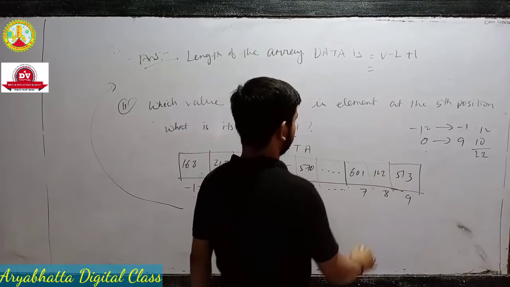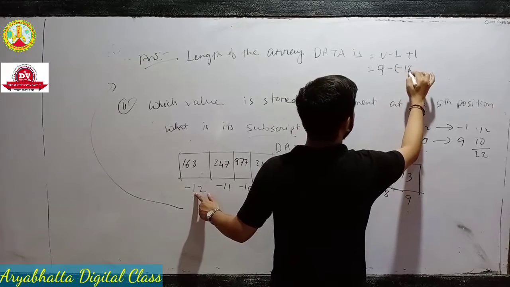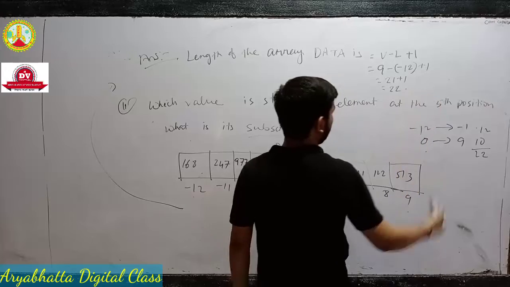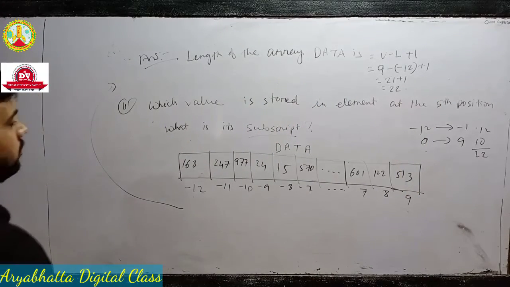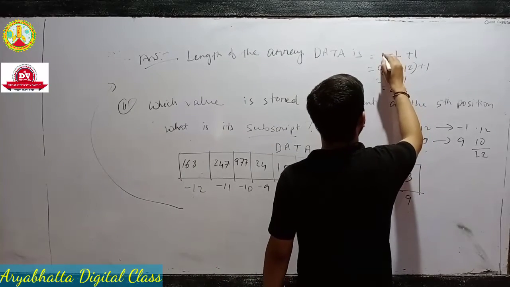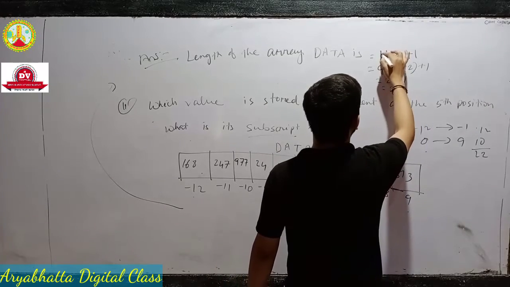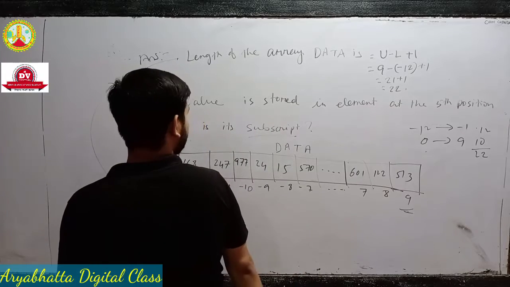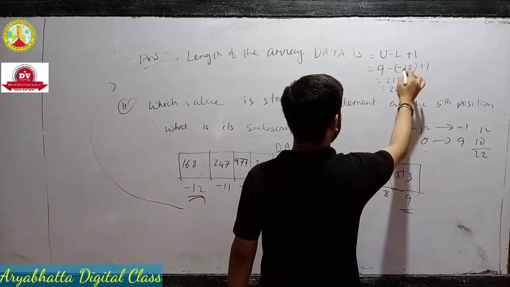The upper bound is 9, and the lower bound is minus 12.